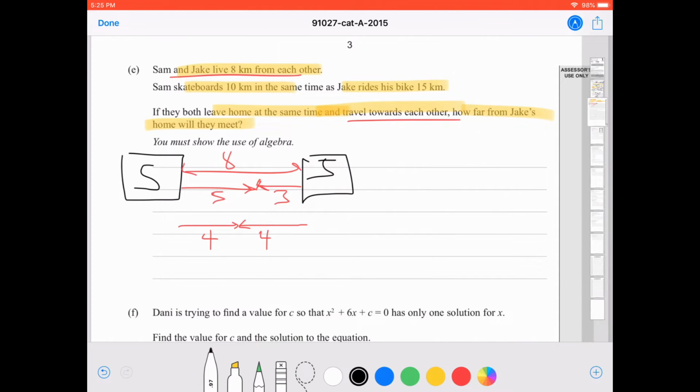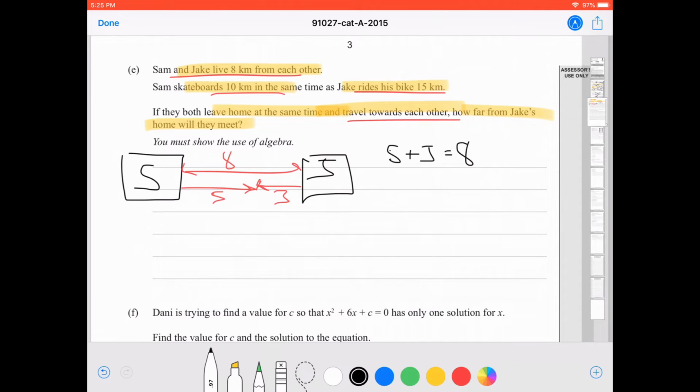Okay, in any case, our first equation is going to be, based on this information, S plus J equals 8. And we've just proven that here. Okay, thinking about our second equation, we now look at our second line of information. Sam skateboards 10 kilometres in the same time as Jake rides his bike 15 kilometres.